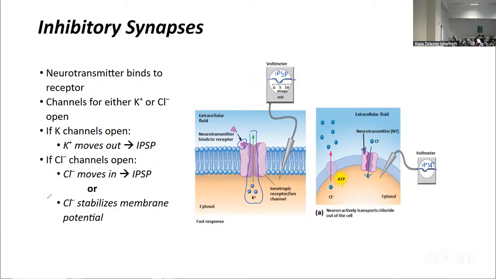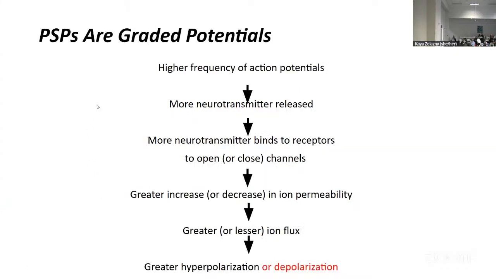Okay. We also do have this more complicated stabilizing situation with chloride. So stabilizing would just kind of create a flatter line, right? But that might stay flat even when sodium moves in. There is eventually a picture of that stabilizing action if you're curious.